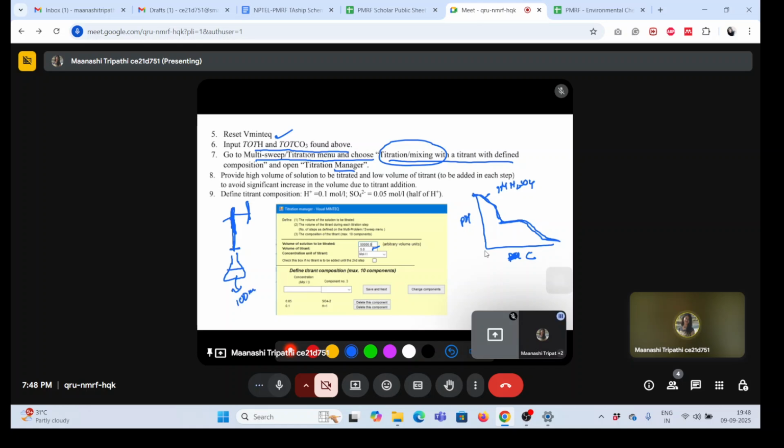This burette is mostly 50 ml. So when we add the solution dropwise, there is a change in the volume. 100 ml will become more, so this also changes the pH of the solution and the characterization of this solution, which we do not normally consider.